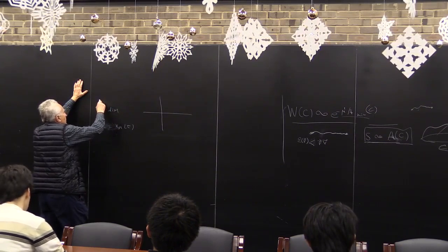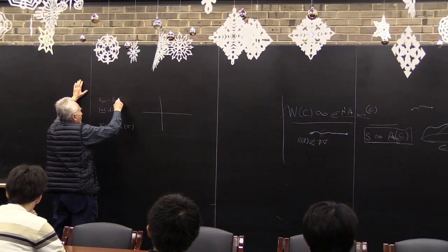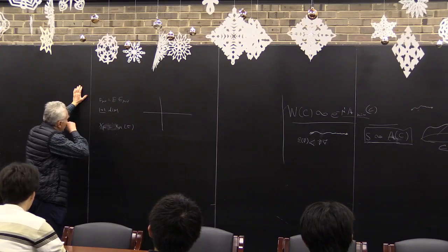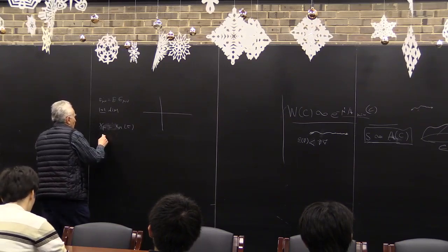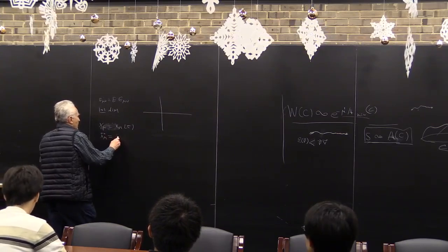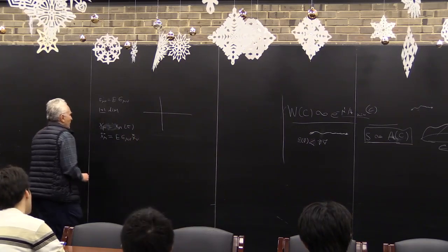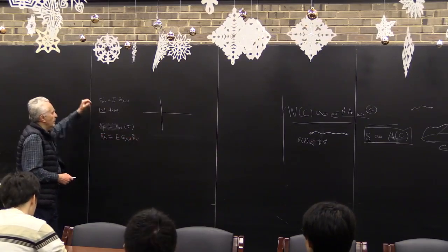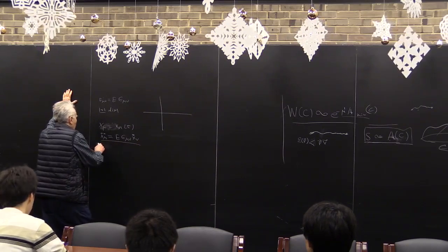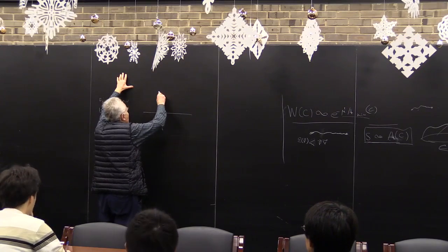In this case, the tensor F_mu nu gives the Lorentz force, which is just F_mu nu x^nu dot, and the solution of this is very simple. Let's set E to 1. The solution will be what is called the hyperbolic motion.